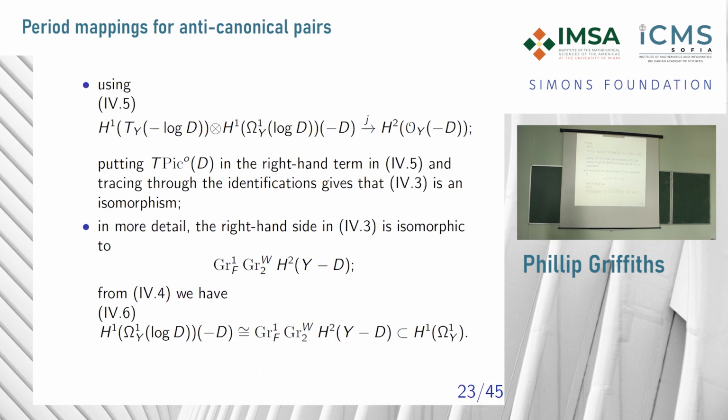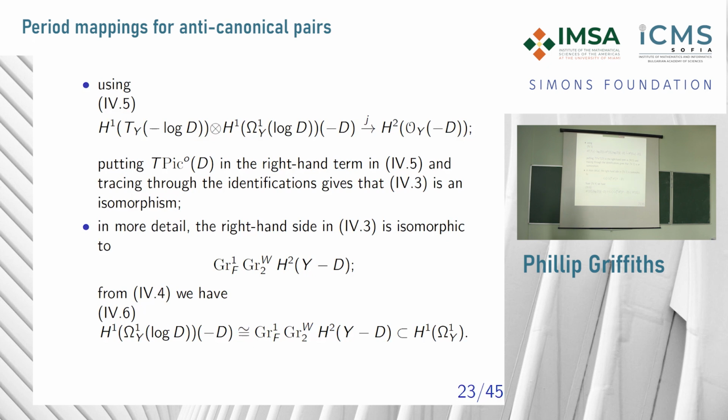So you put the various identifications together, track through them, and you find that you have an isomorphism of the tangent space to the moduli of pairs y comma d to the lines in this vector space. They both have dimension equal to the second Betti number of the rational surface minus the number of curves in the cycle.